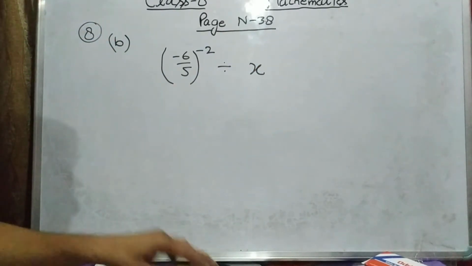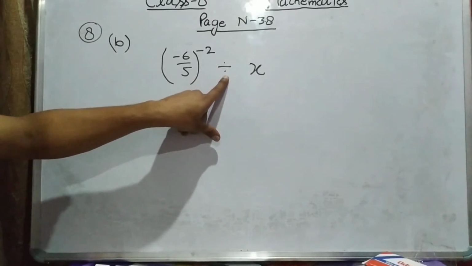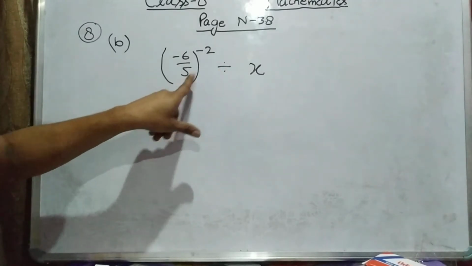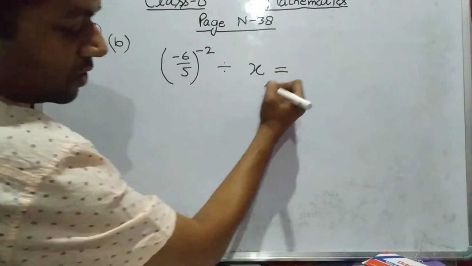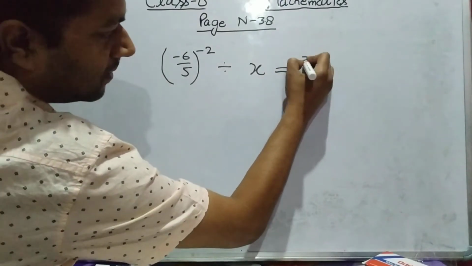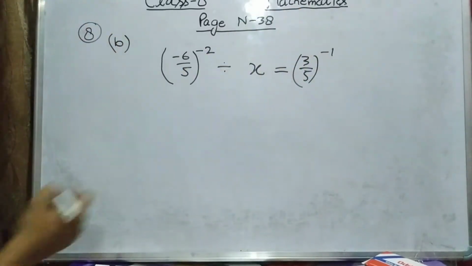By what number should this be divided? The key word is by. By what number should this be divided so that the quotient is 3 upon 5 to the power minus 1.